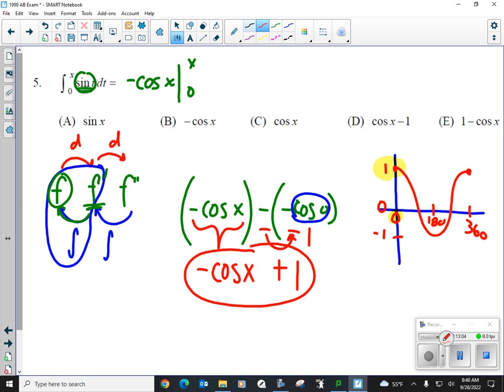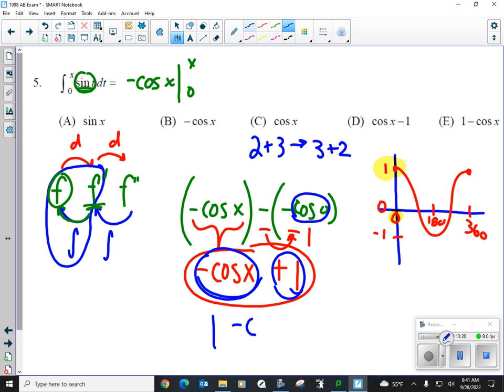This is addition. Okay? I'm adding two things. In addition, order does not matter. What do I mean? 2 plus 3, that's the same thing as 3 plus 2. I can switch them. So let's put the positive one first, and let's put the negative cosine next.